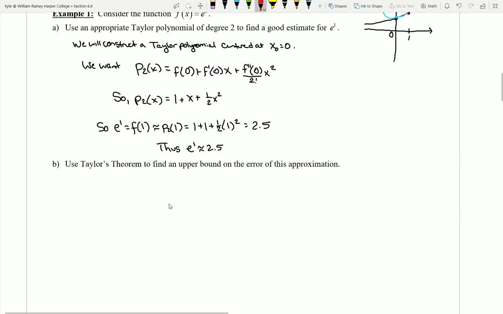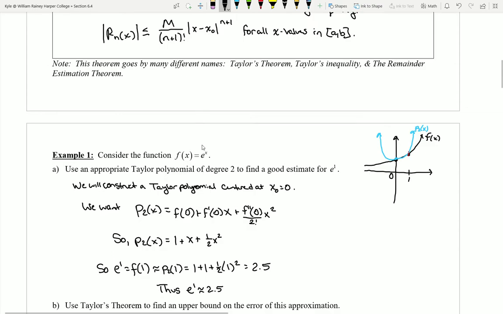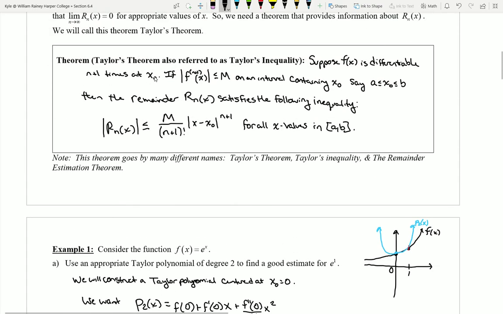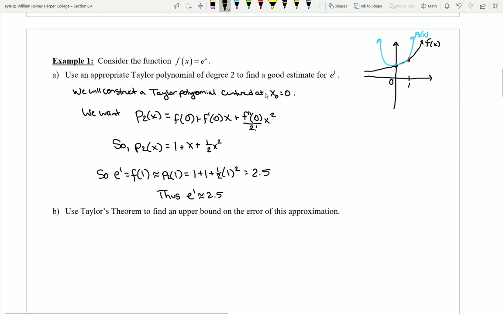So let's see. The first condition of Taylor's theorem is to say that I need to make sure that I have a function that is going to be differentiable n plus 1 times at my value of x0. So here, our x0 is 0, and our function is e to the x.